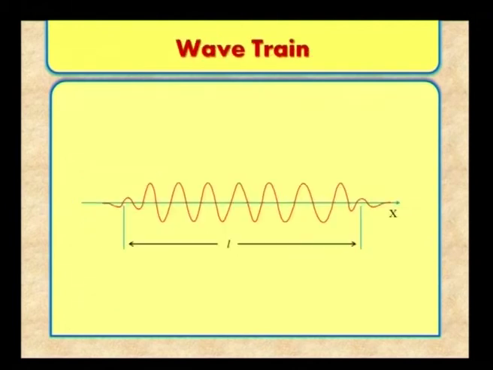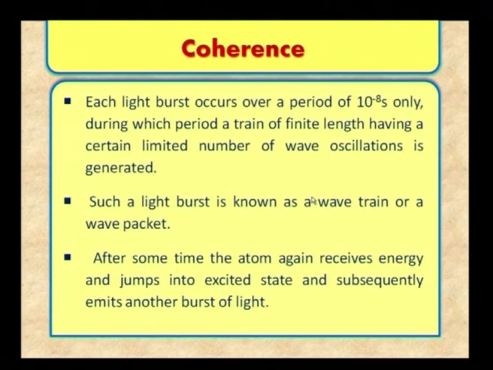What do you mean by limited oscillations? You can count the number of oscillations. This will be called the coherence length later, but the point is you have a number of oscillations in this finite length, that is a wave train. Such a light burst is known as a wave train or a wave packet.